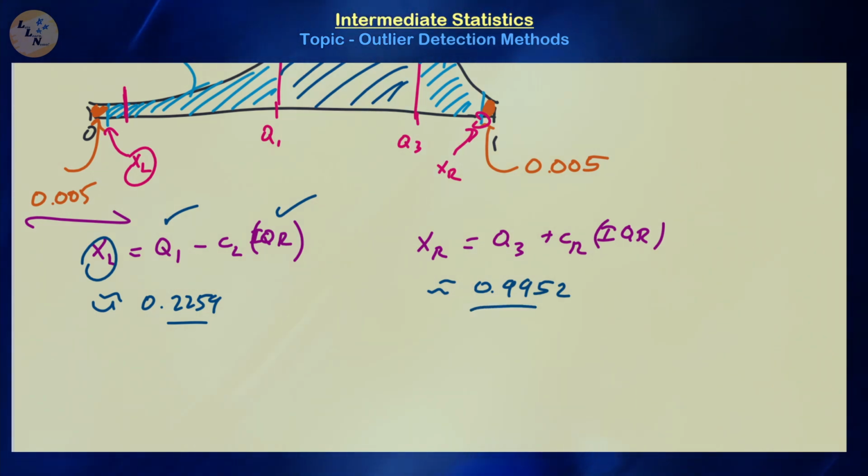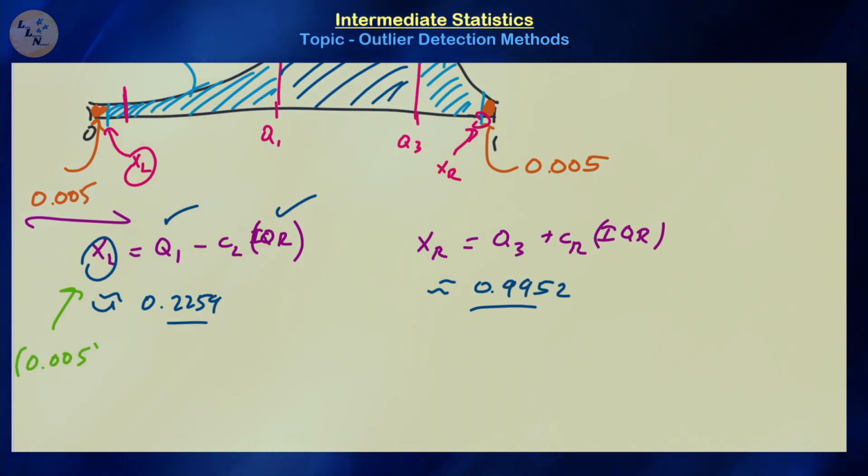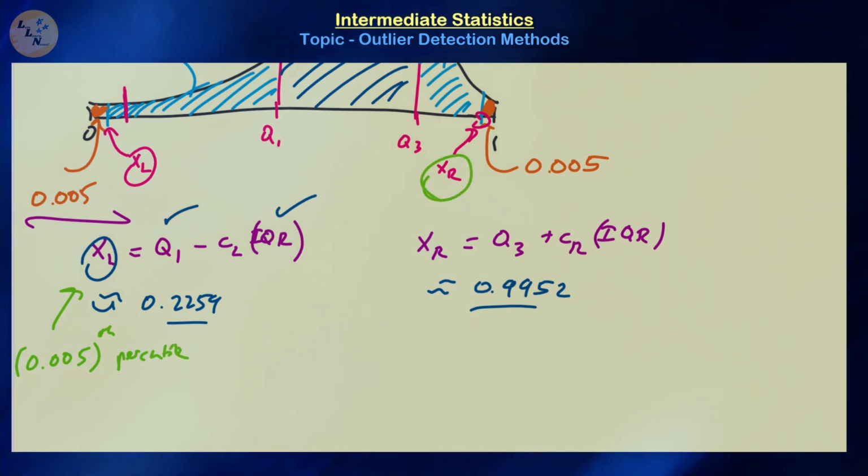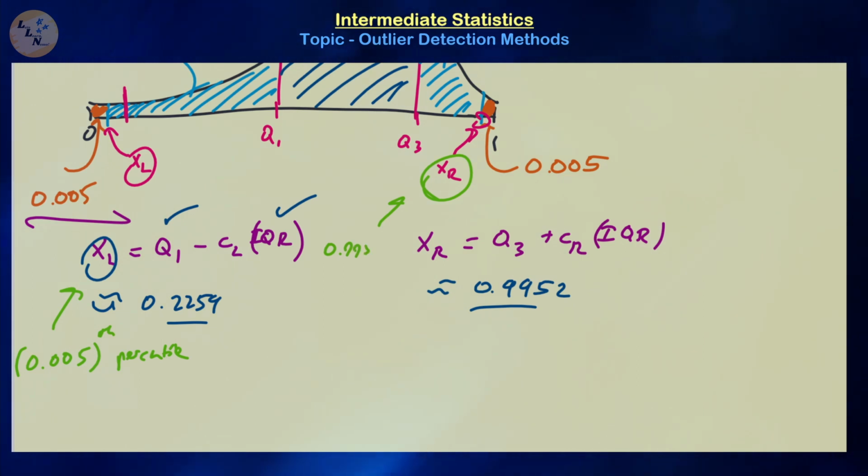Because XL is the 0.005 percentile, and this is going to be the 99.5th percentile, so 0.995. And those are easily constructed from the actual theoretical distribution.